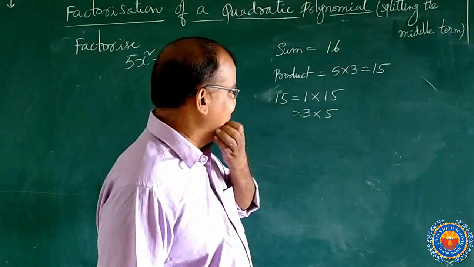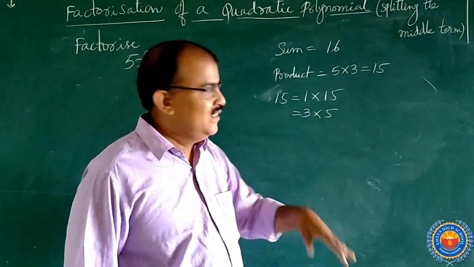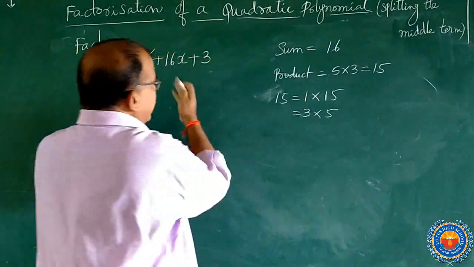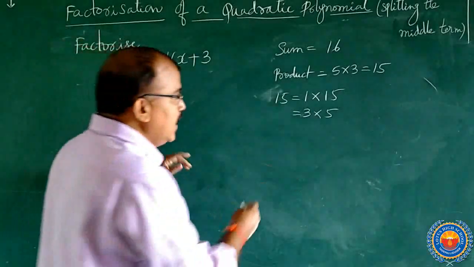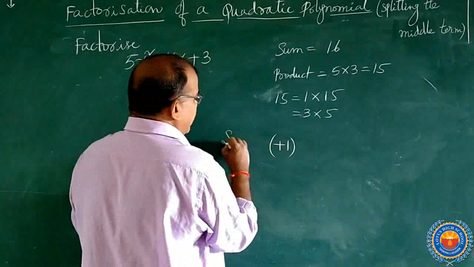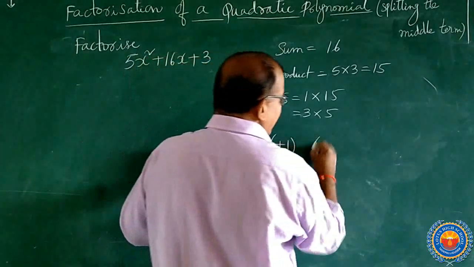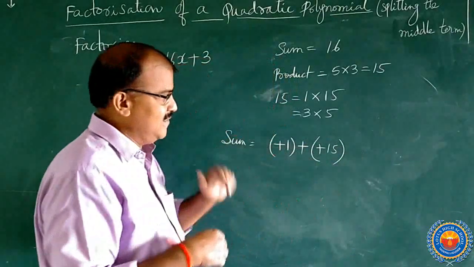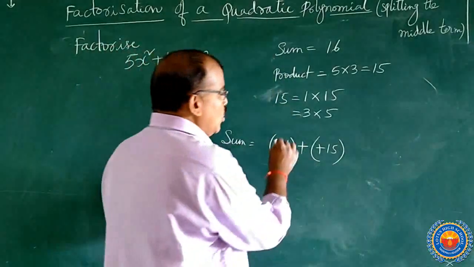Which is suitable? Maybe my numbers are both plus, because all are positive numbers, that's what I am taking. Maybe my numbers are plus 1 and plus 15, and I am checking the sum, adding them.